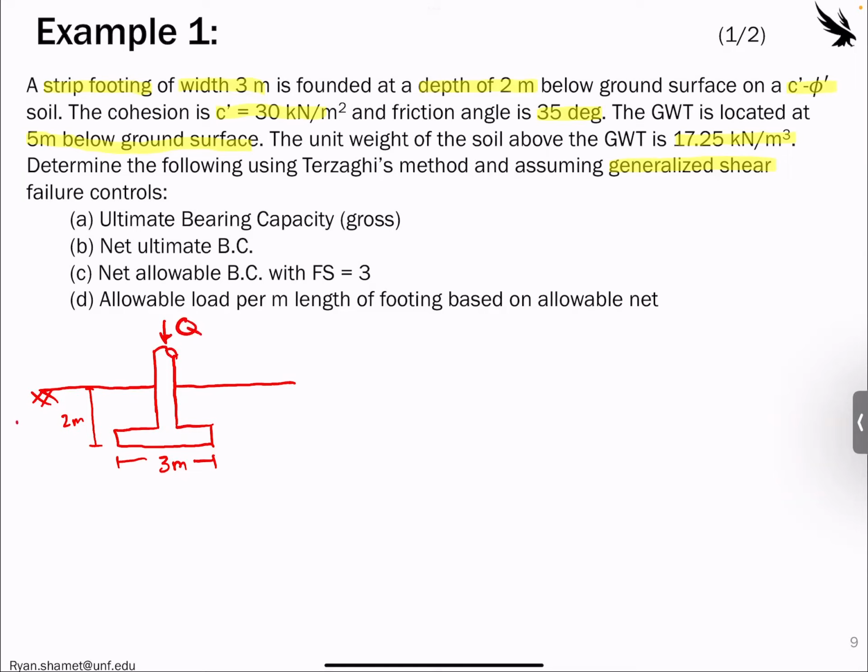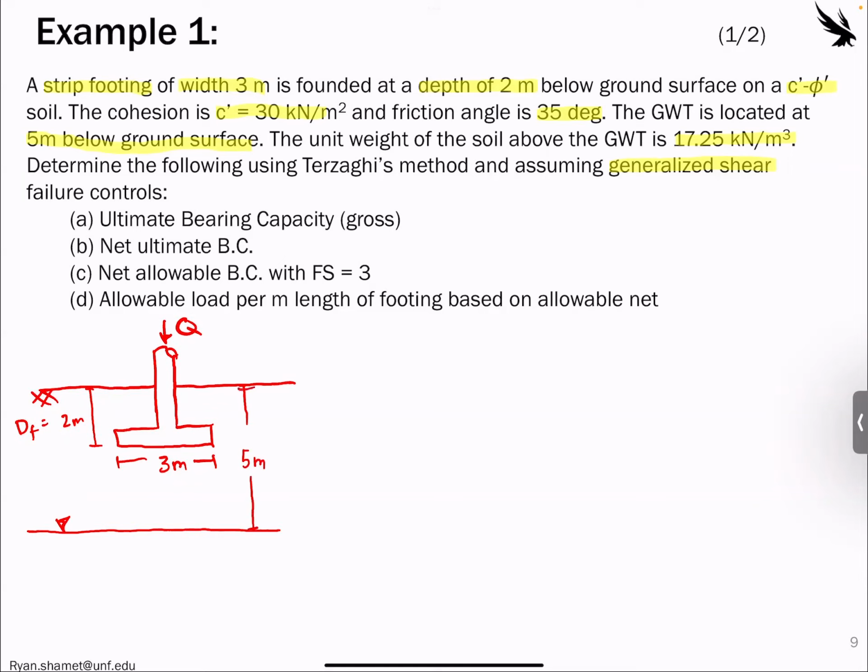This 2 meters is our depth of footing. And we also know that the groundwater table is at a total depth of 5 meters. This is our groundwater table here. So this is at a depth of 5 meters below the ground surface.